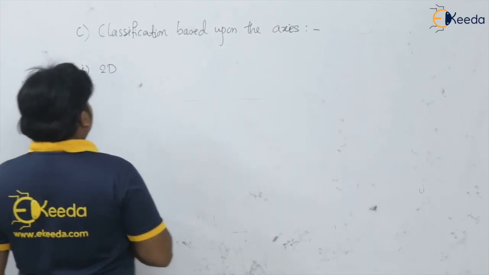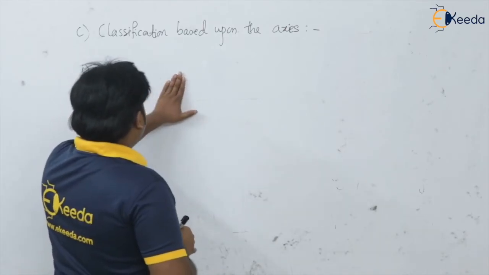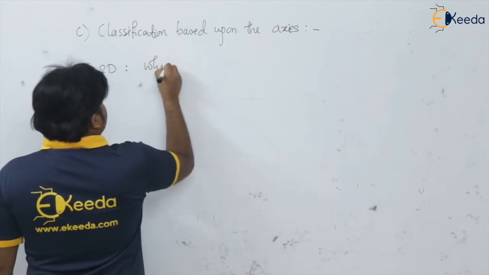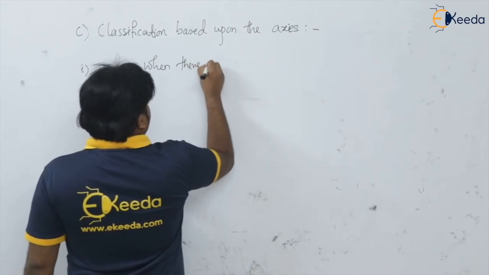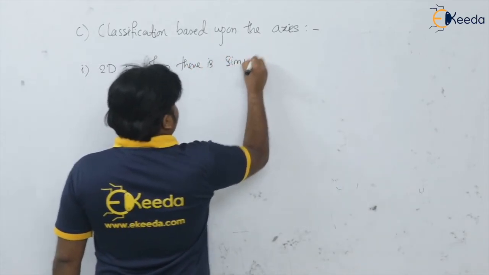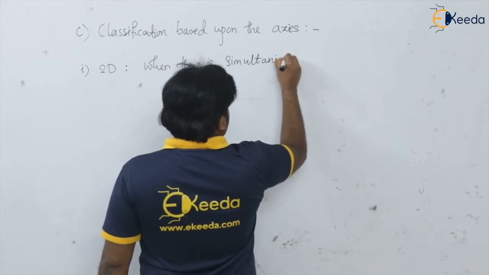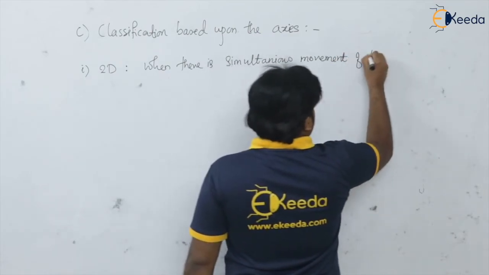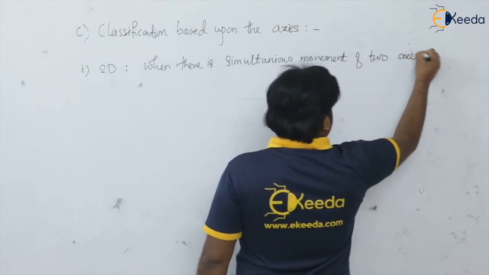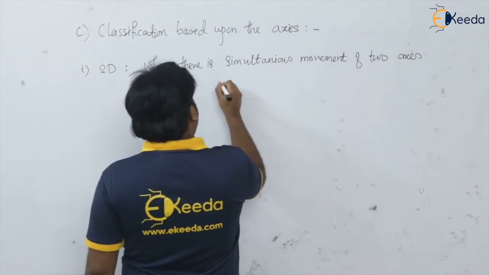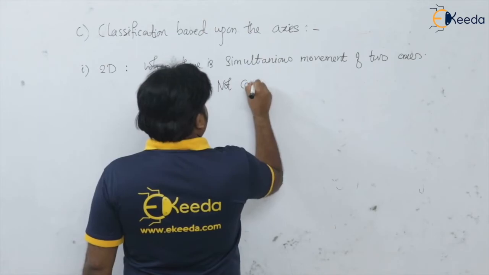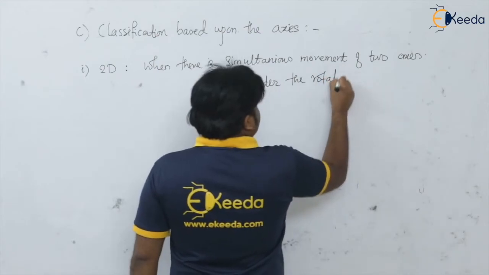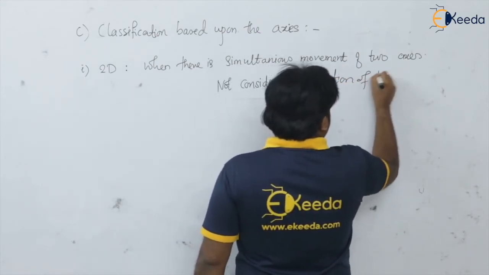In a 2D system, there is simultaneous movement of two axes, and here we have not considered the rotation of the spindle, that is, the rotation of the job.